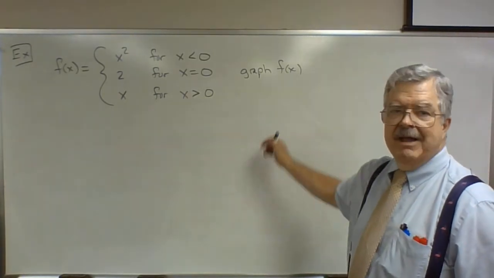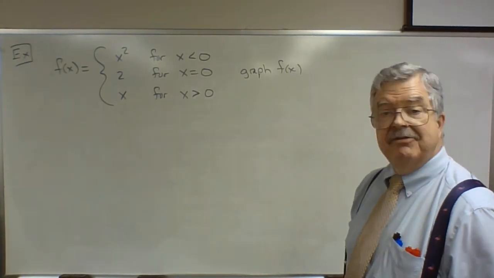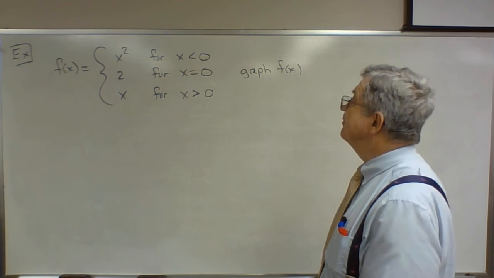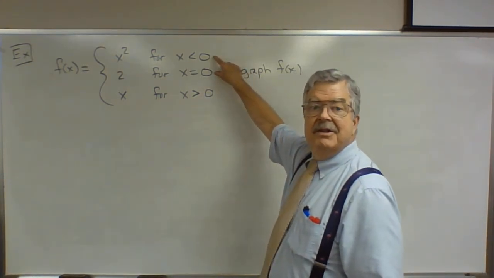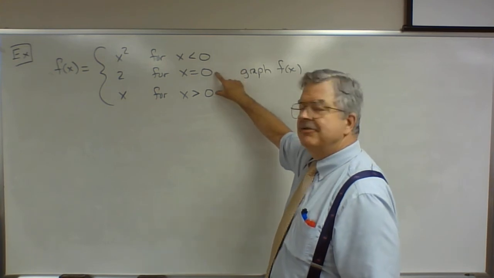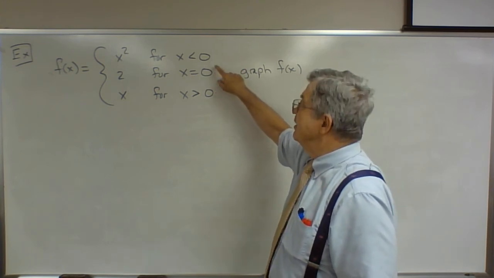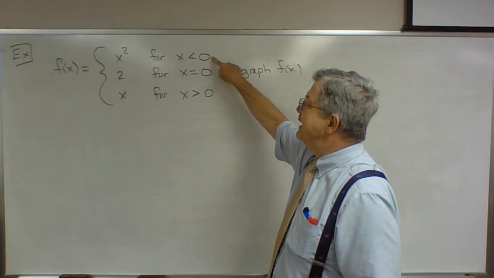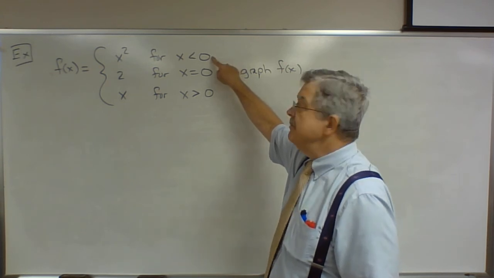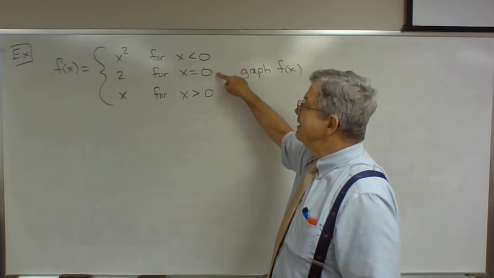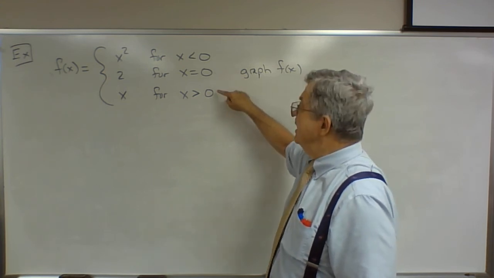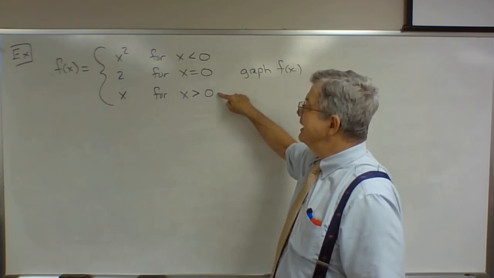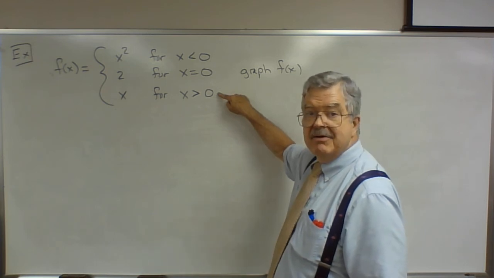Here's a great example. This is a piecewise function, and the definition changes at x equals 0. There's a definition for f of x when x is less than 0. There's a definition for f of x when x equals 0. And there's a definition for f of x when x is greater than 0.